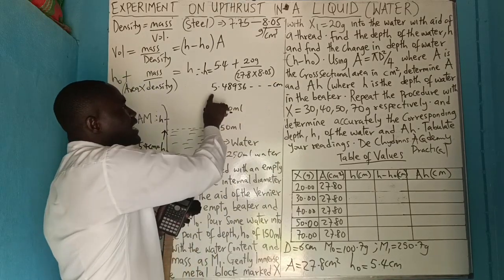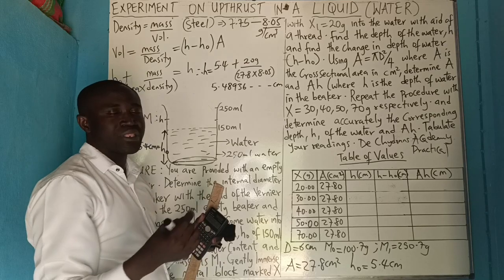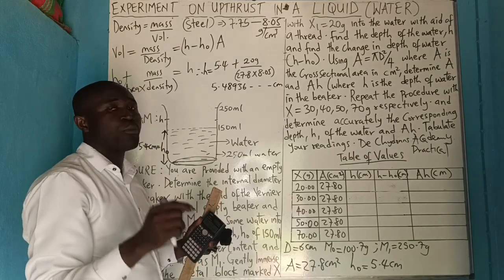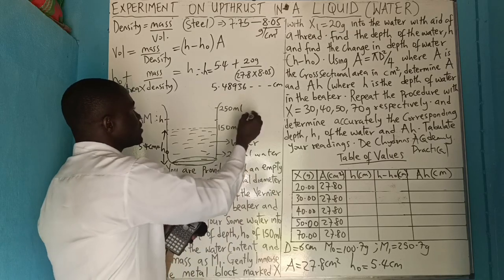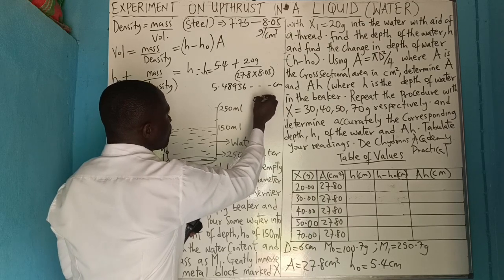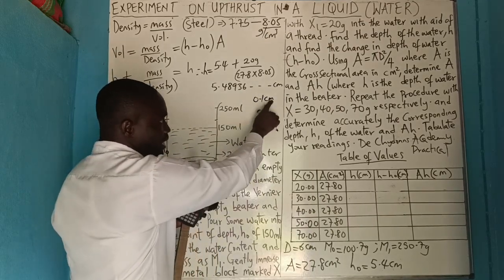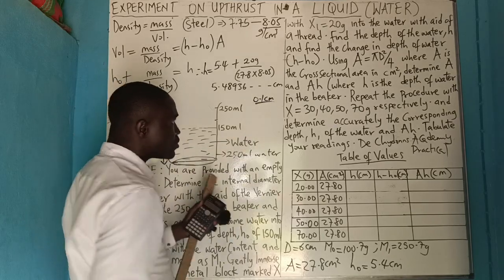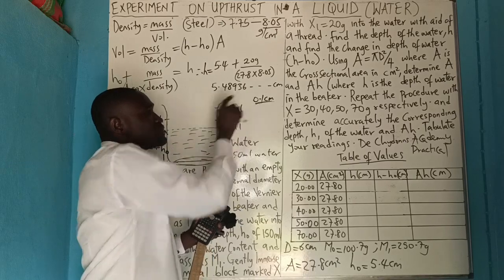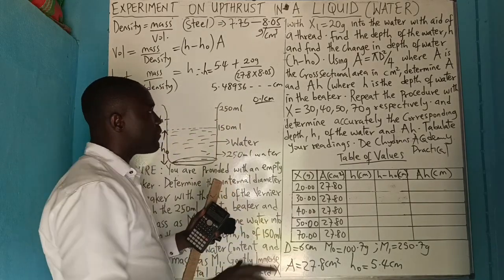Now, because you can't get this with your meter rule, the reading accuracy of the meter rule is 0.1 cm. That means what you can get is 0.1 cm. That is the reading accuracy of the meter rule. Now that means what you have here has to be approximated to one decimal place. That will be giving you 5.5 approximately.